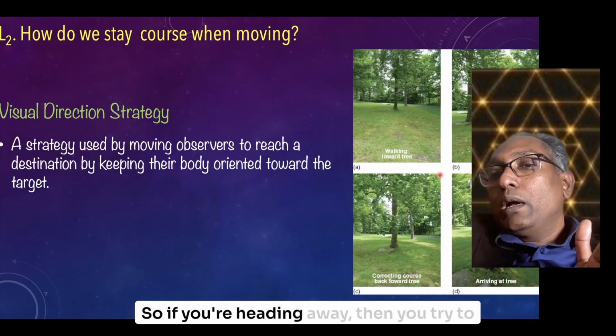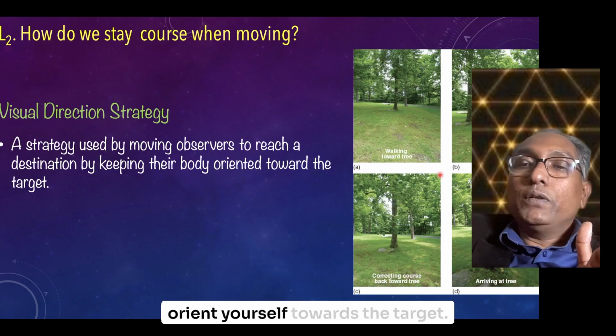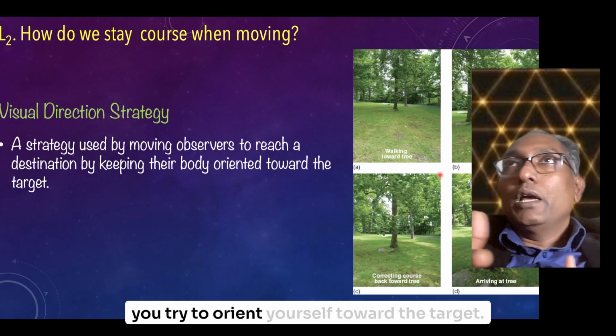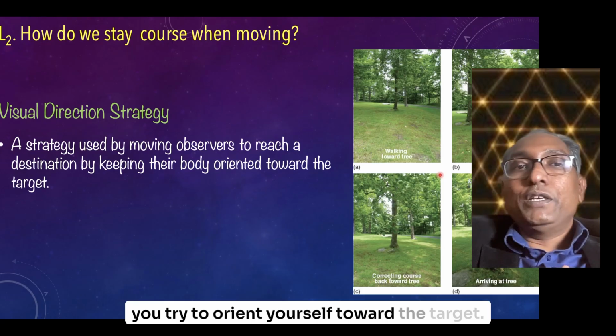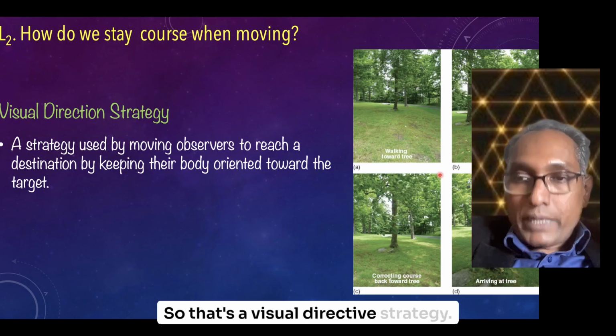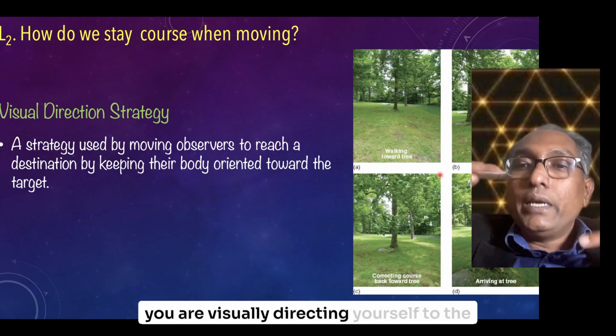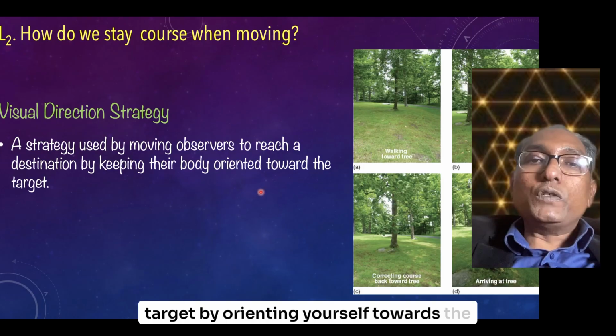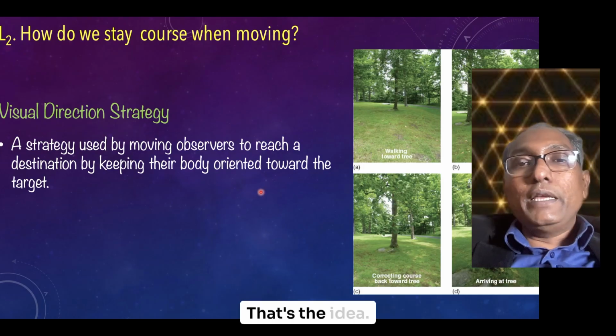So if you're heading away, then you try to orient yourself towards the target. If you're heading in a different direction, you try to orient yourself toward the target. So that's a visual direction strategy. You are visually directing yourself to the target by orienting yourself towards the target. That's the idea.